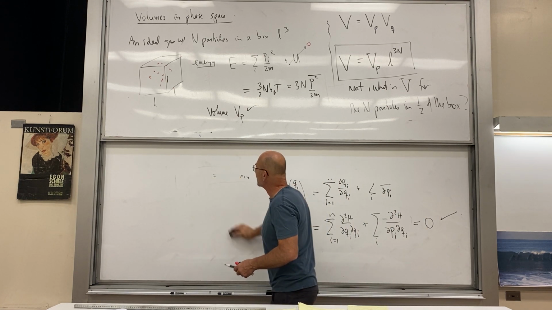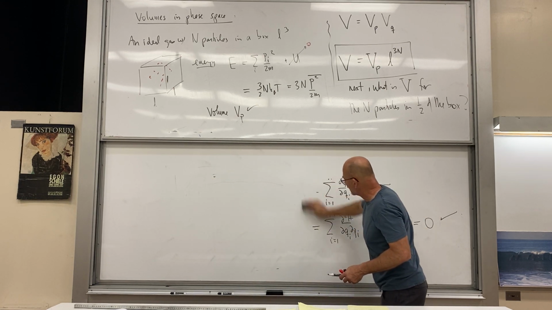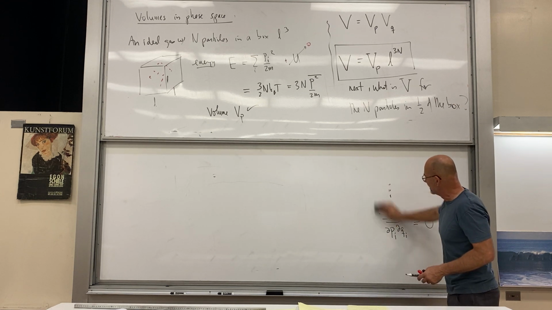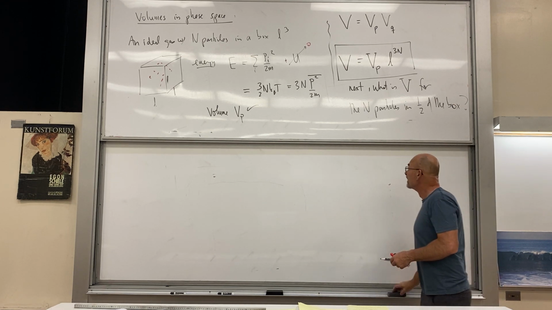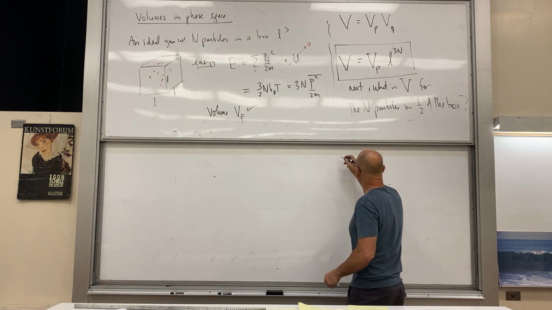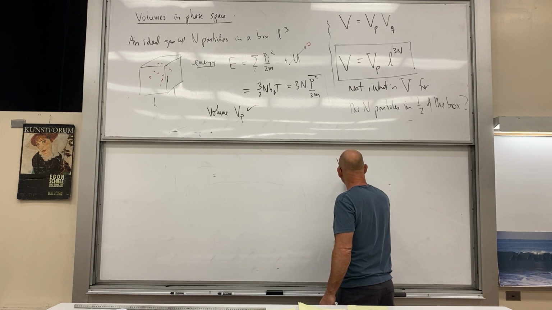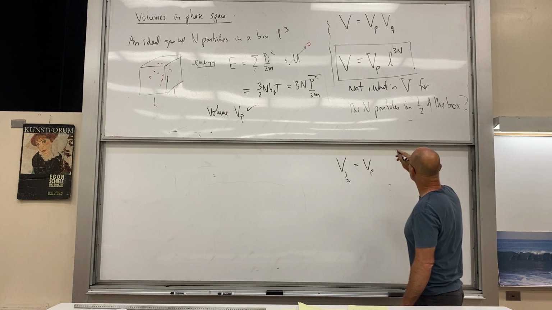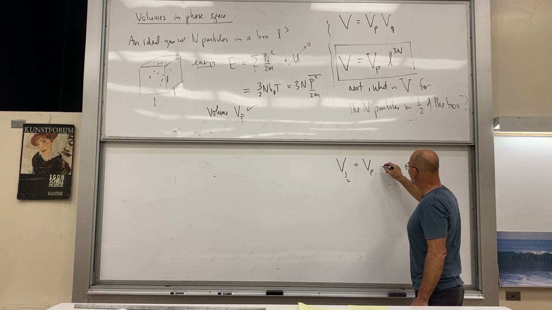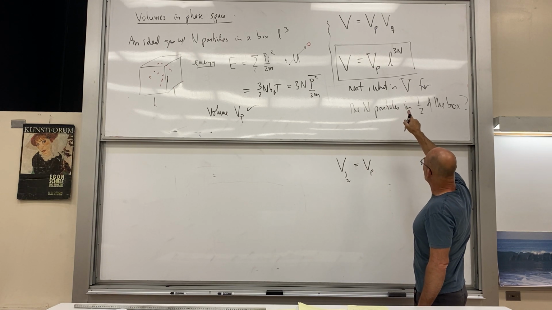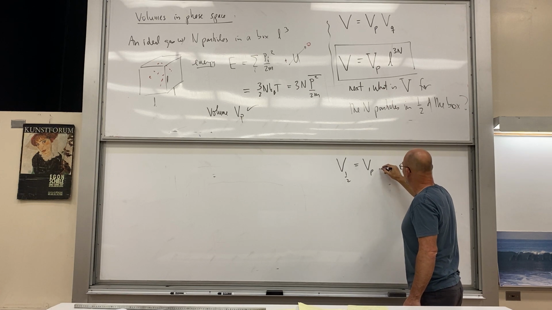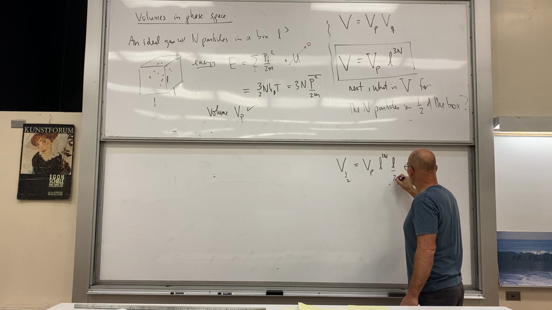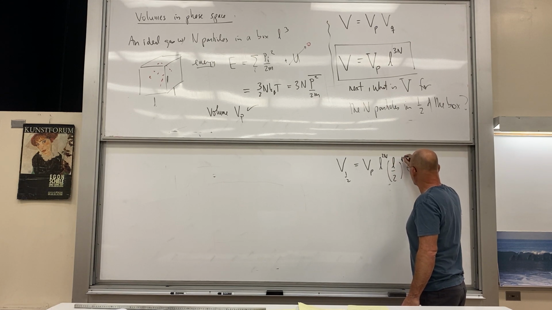Say in the right half of that box, put them all on the right side. V sub 1/2 is going to have the same V sub P for all practical purposes. And then we're going to have L to the 2N times (L over 2) to the N.